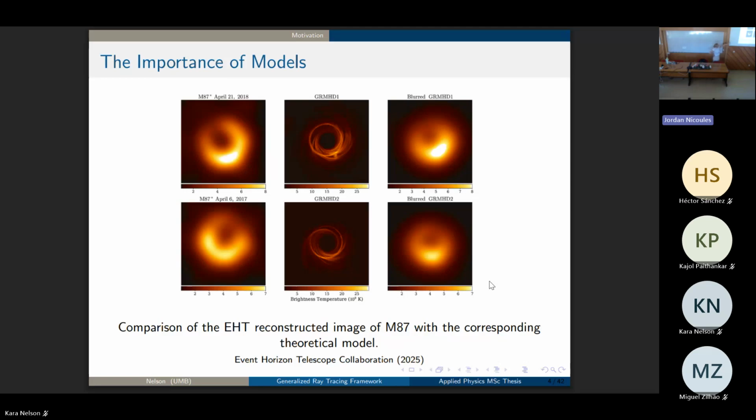This is our stage right now of imaging, and we're hoping in the next couple of years to get a little more resolution and a defined photon ring. These are really important because they encode a lot of information about the underlying space-time geometry of the black hole. We'll get into this later, but these photons spend a very long time around the photon region, so studying these areas tells us a lot about what's going on close to the event horizon.